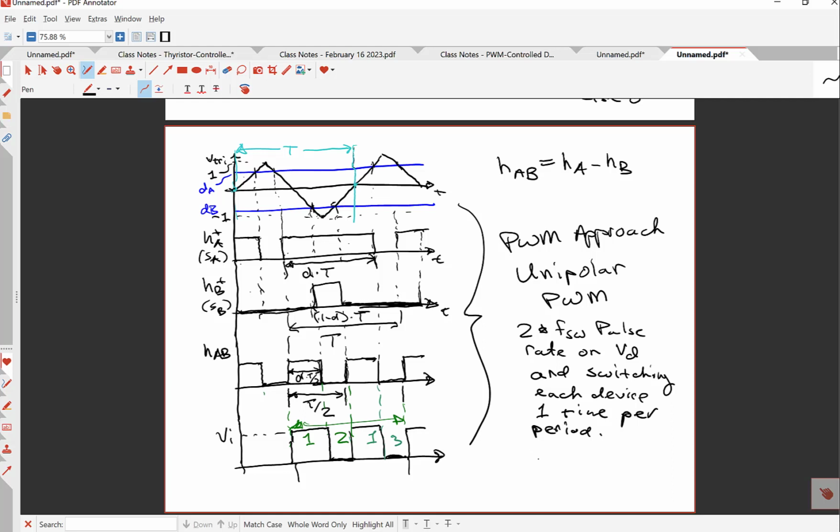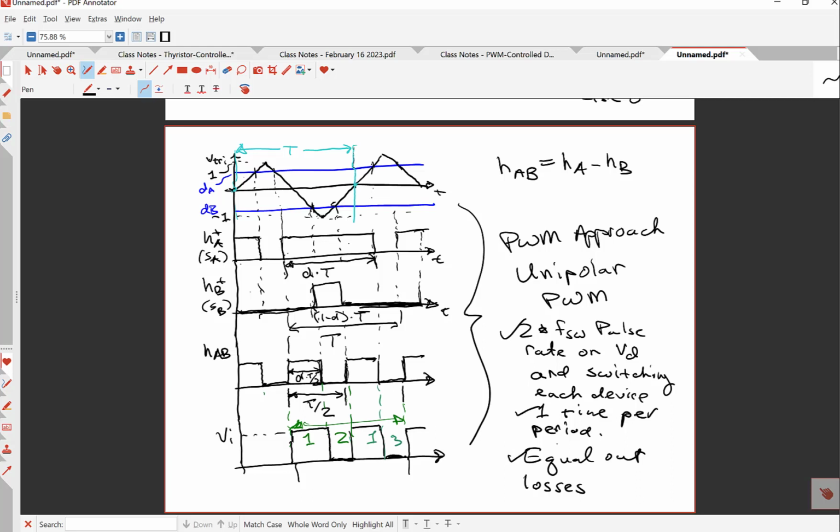And we're going to equal out the losses. So this is a very beneficial way to apply a 4-quadrant full bridge converter to a DC to DC converter.